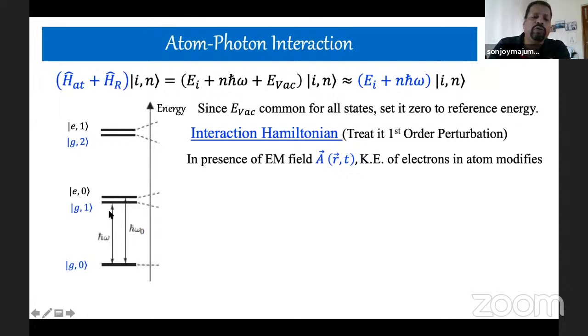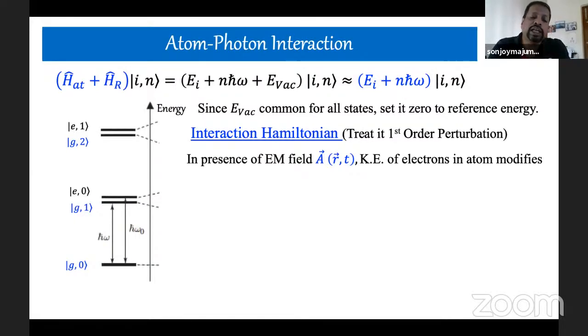If you have light whose frequency is lower than the resonance frequency of the atom, the atom will see that the light has a lower frequency.